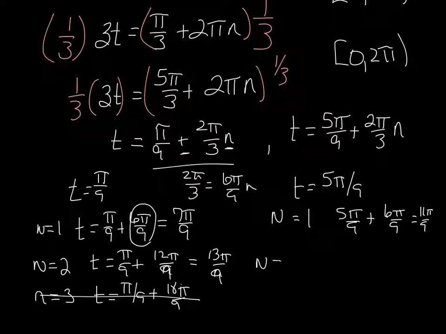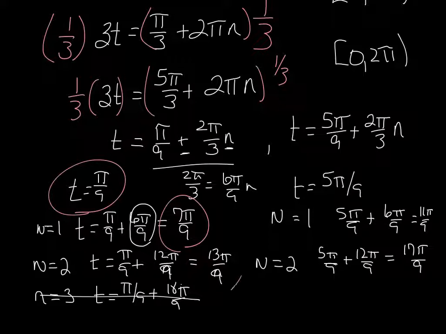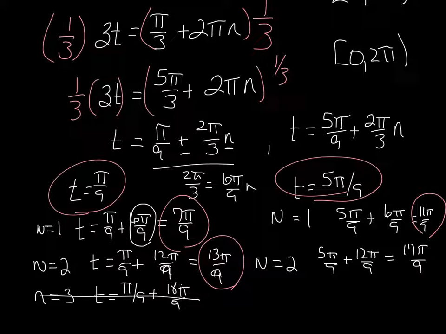If n equals 2, we've got 5 pi over 9 plus 12 pi over 9 equals 17 pi over 9, and that's so close to 2 pi, I know I'm done. So we've got 6 solutions here. We only do this if you're restricted between 0 and 2 pi. With no restriction, you can just leave it as pi n, pi over 2n, however it works out.